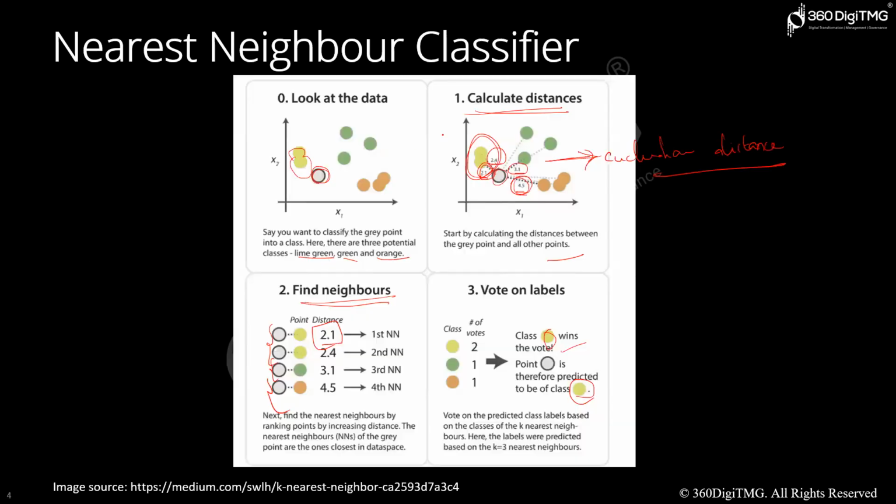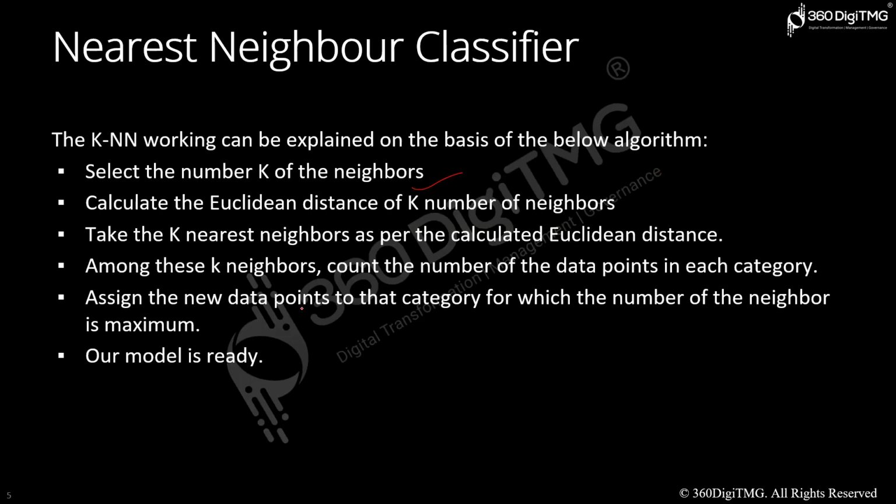So this is basically what is explained. First you select k, then you calculate the Euclidean distance, and then you find the neighbors according to the shortest distance. Then you assign the new data point to the category for which the number of neighbors is maximum.